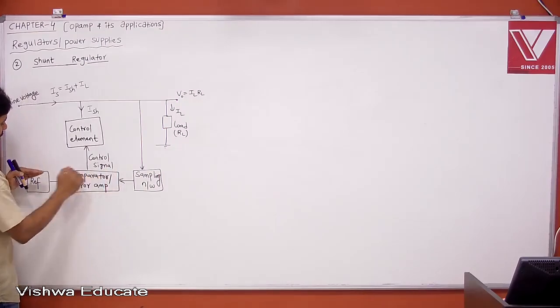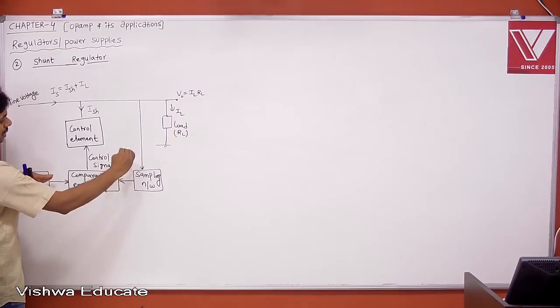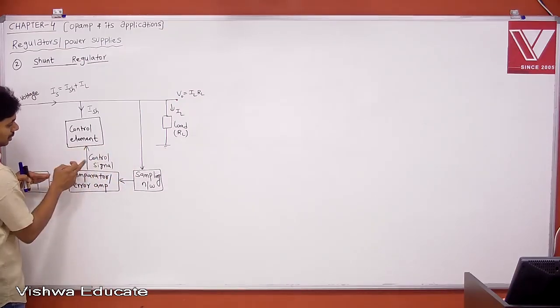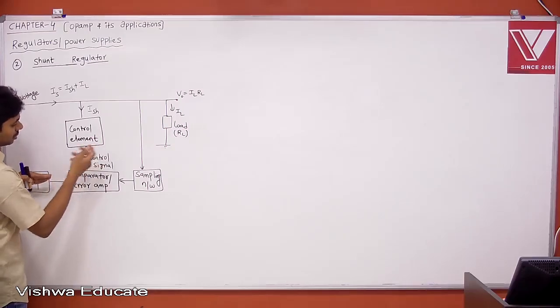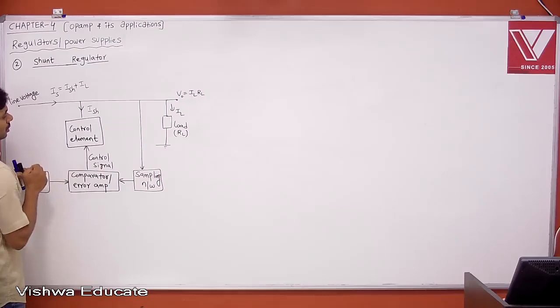Error amplifier is going to compare with the reference voltage. Then if there is any deviation from your output voltage after sampling with respect to reference, that is what is going to give you a control signal. Then the control signal will be given to control element.